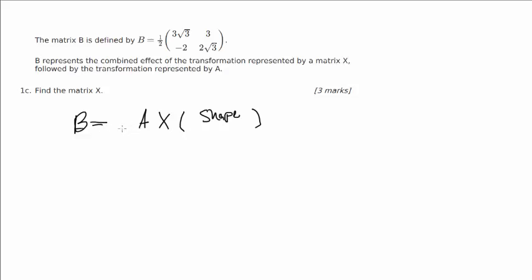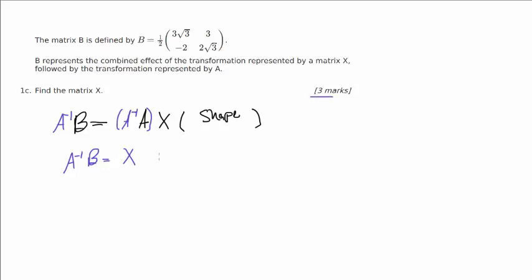I'm going to write A inverse next to X so that these two combine and basically cancel each other out. Because I've written it to the left, it's to the left of B. So these become the identity matrix, which is 1. What we're really saying is A inverse B is equal to matrix X.